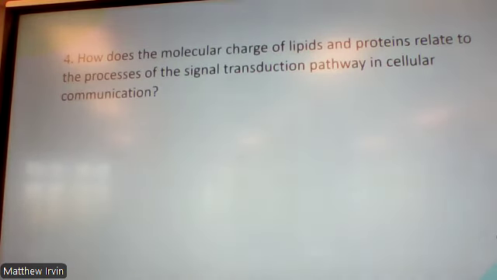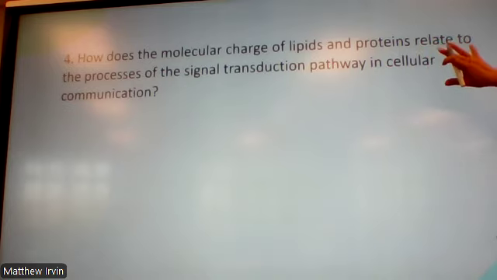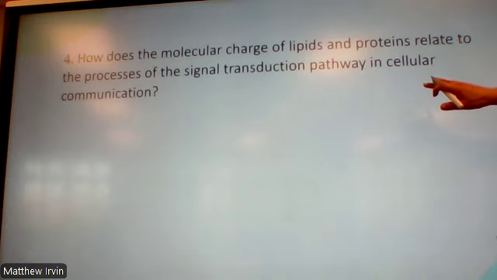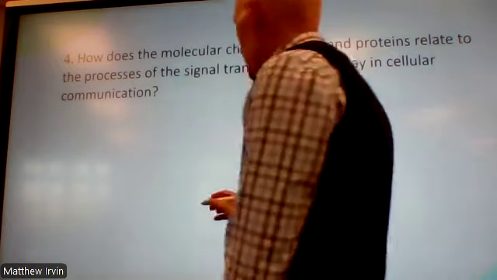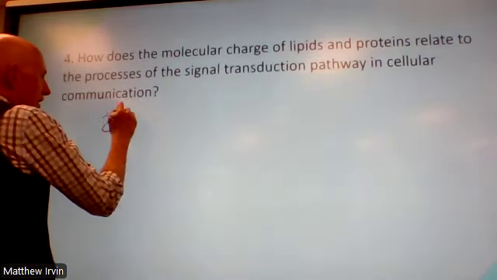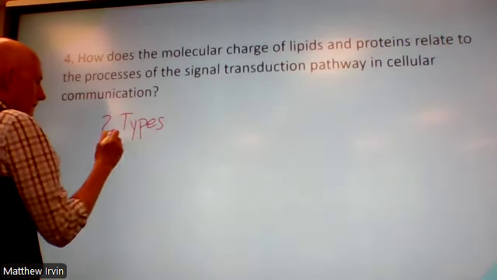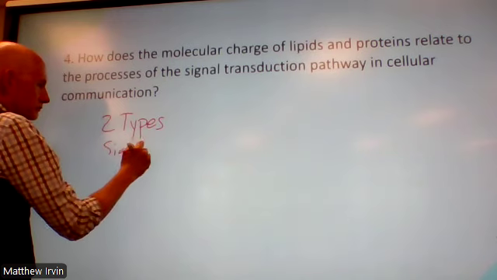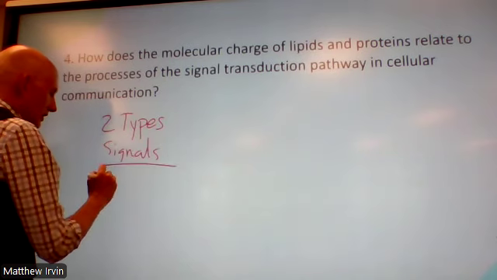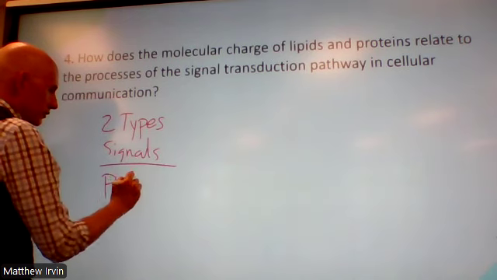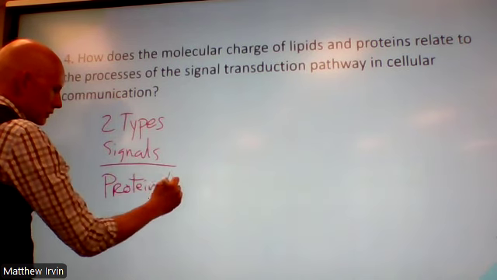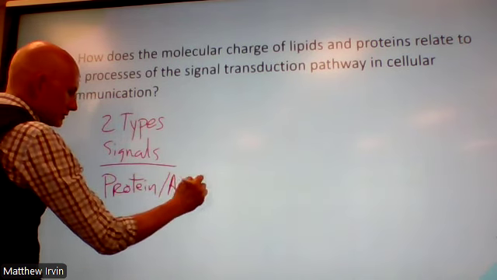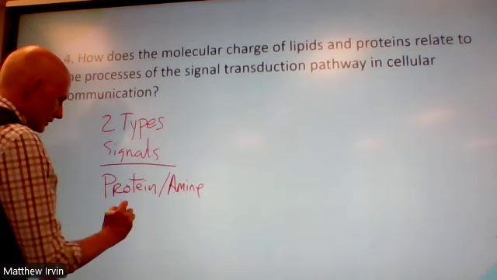All right, so how does the molecular charge of lipids and proteins relate to processes of the signal transduction pathway? So again, we've got two types of signals. We've got protein hormones or amine hormones, and we've got steroids.